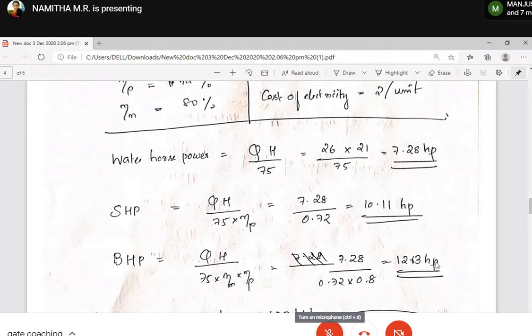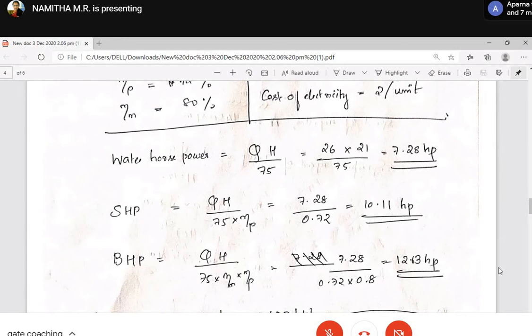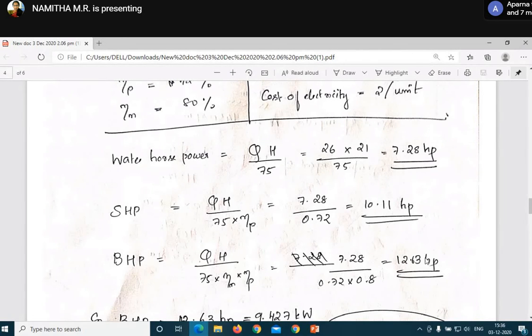The reason is for calculating the actual power. Actual power is BHP only. By considering all the efficiencies, we can calculate the actual power. All the efficiencies are considered here and we have calculated the brake horsepower.